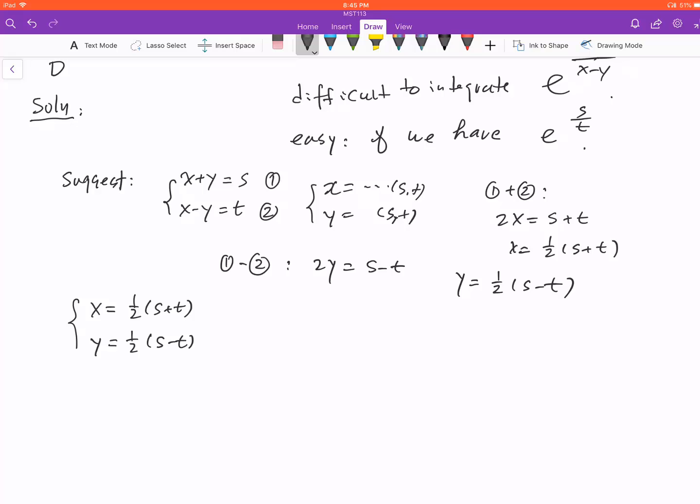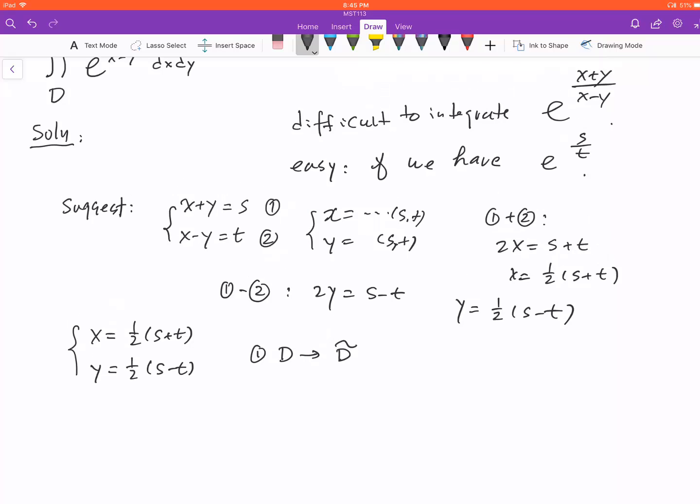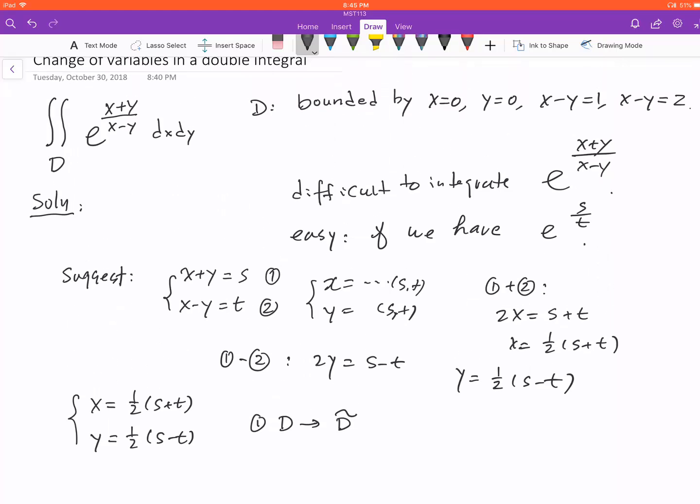And remember, we need to transform all three objects involved. Number one, we need to transform the domain from domain D to domain D tilde. Domain D is described by x and y. So here we have the domain D over here. This is domain D. And then we need to change that one into D tilde.